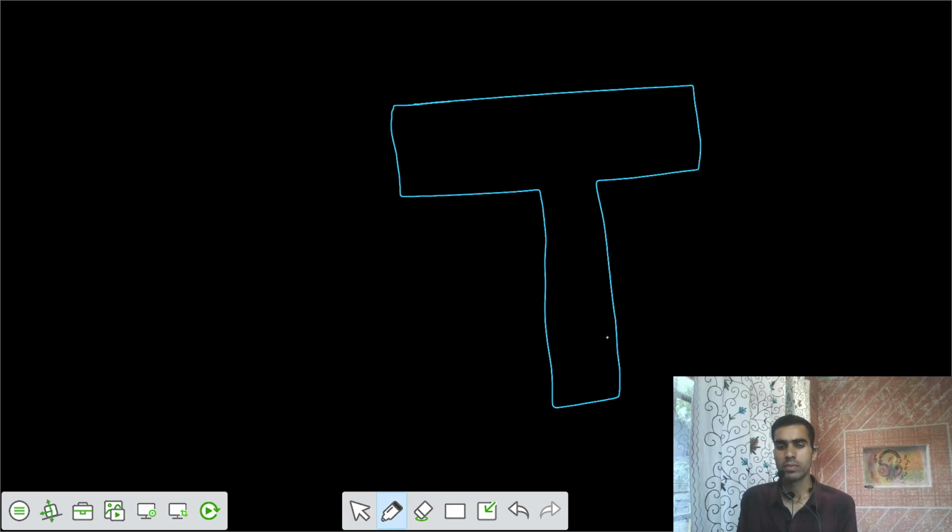We say that the loads from the slab are transferred to this beam, and there's some shear flow.